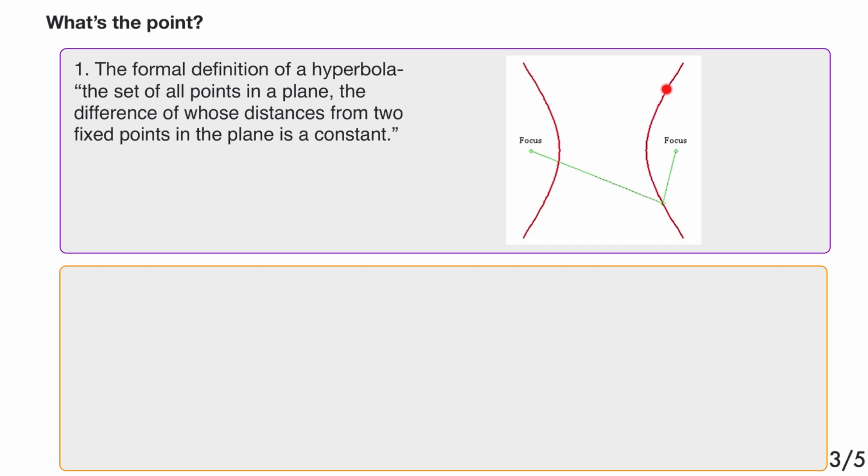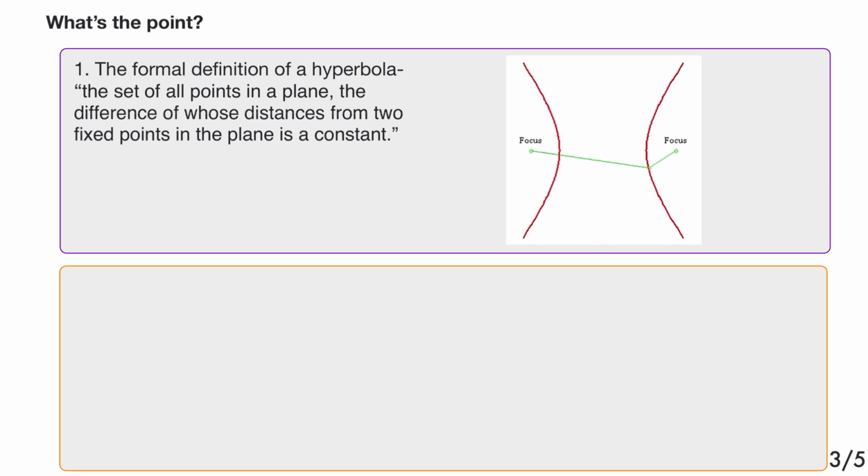So every single dot on this curve, if you marked the distance from any location between the focal points, the difference is always going to be 10. Now, because we're saying the difference between the 2 points, it doesn't just generate this curve, it also generates this curve because the difference between the distance from this location and this focus and the distance from that location and this focus, that difference would also be 10. That is the definition of what a hyperbola actually is.